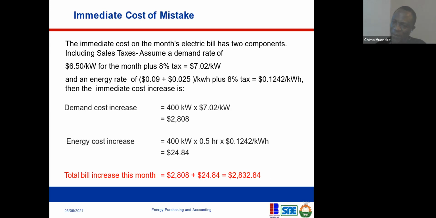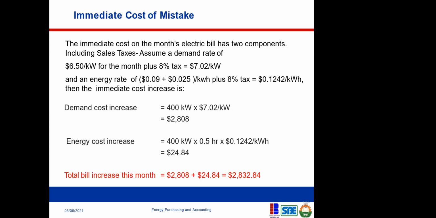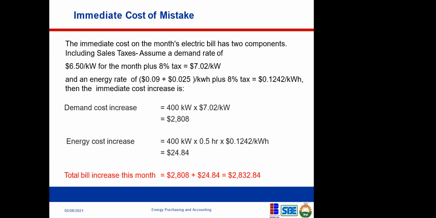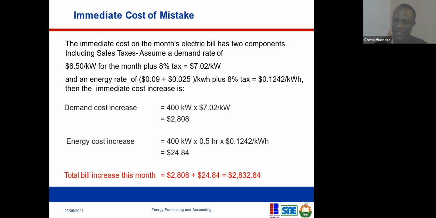No, you're multiplying by the tax component. Multiply by 1.08. Oh, multiply. Yes, sorry, not add. You multiply by 1.08. Okay. Yeah, 2832.84. Exactly. So that is the cost of this mistake of running that additional machine for 30 minutes.